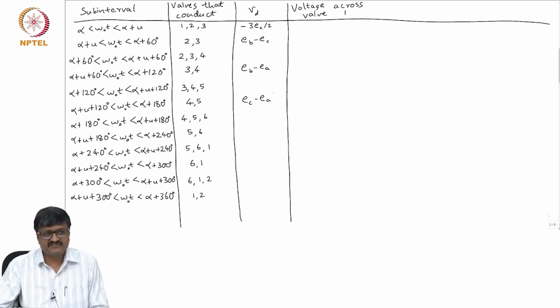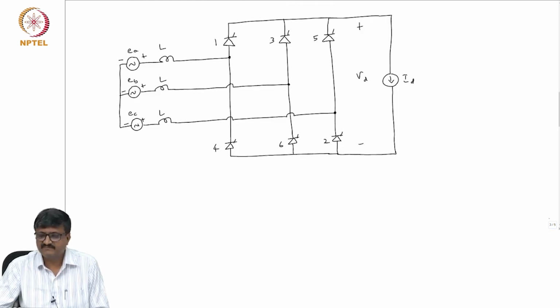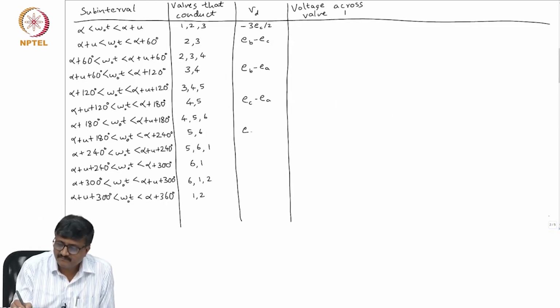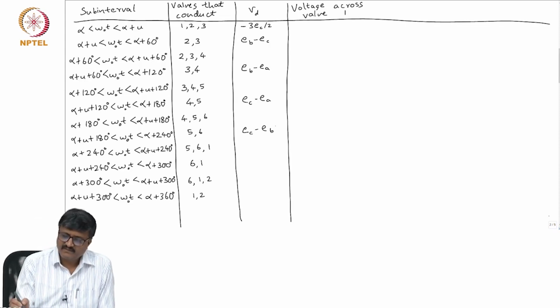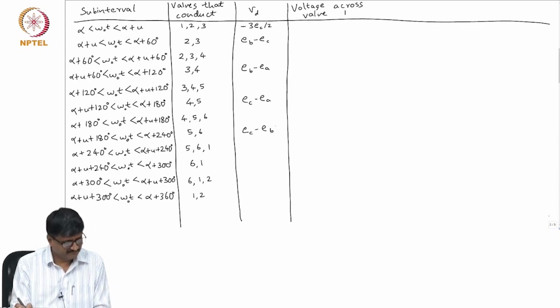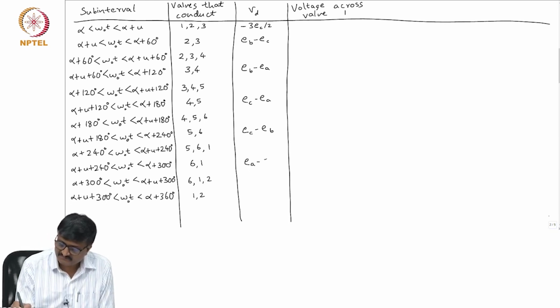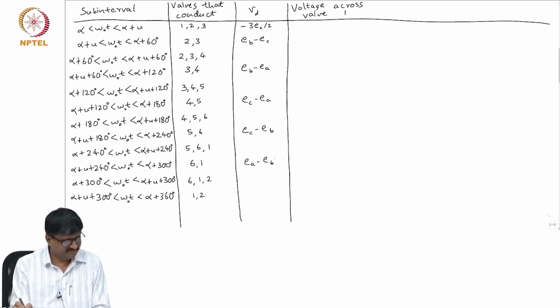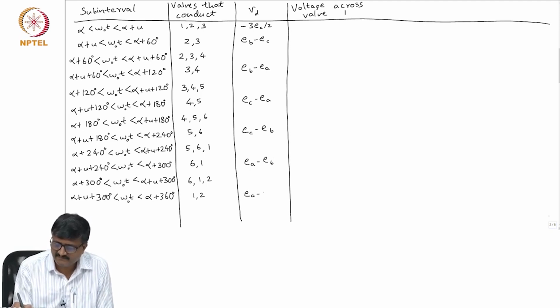Then 5 and 6 conduct, EC minus EB. 6 and 1 conduct, EA minus EB. Then 1 and 2 conduct, EA minus EC.